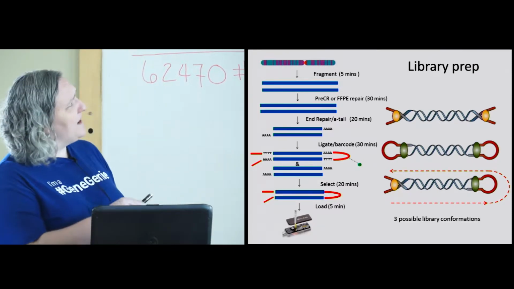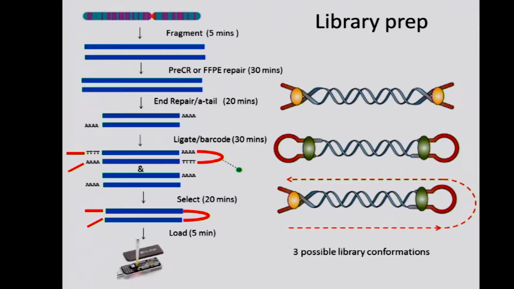Now, this step here is one of the most touchy steps in the process. The reason is that there's no way currently to direct the definite formation of the properly formed library. The properly formed library is this one right here. We have a leader adapter and a hairpin adapter, which facilitates proper bidirectional sequencing.